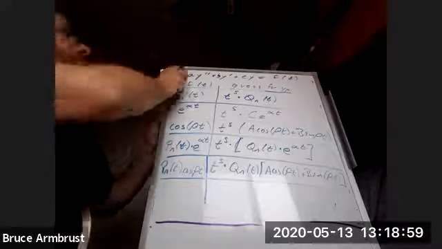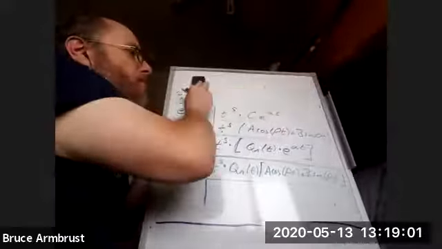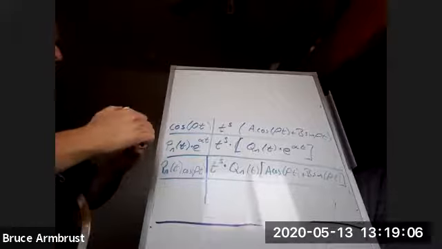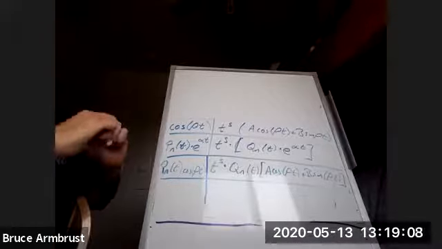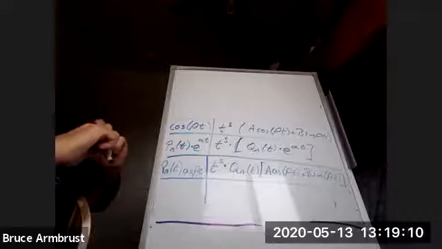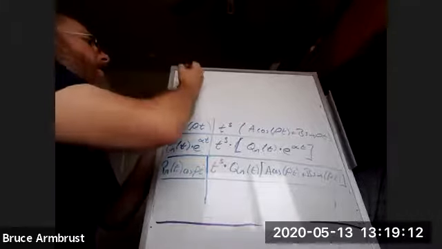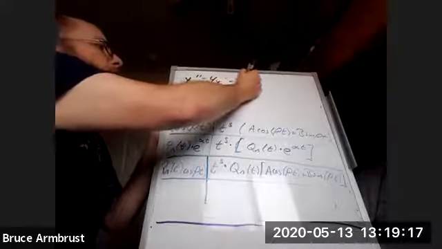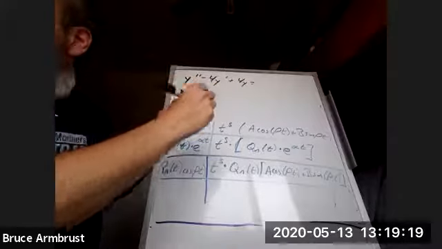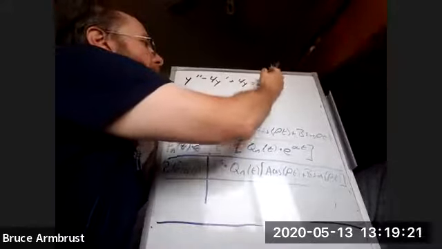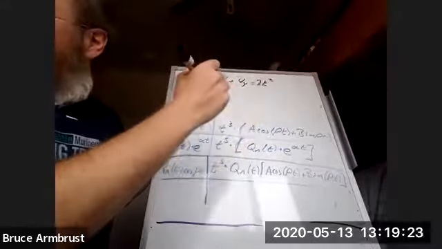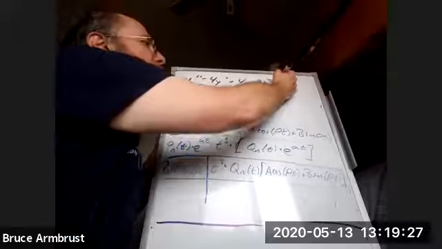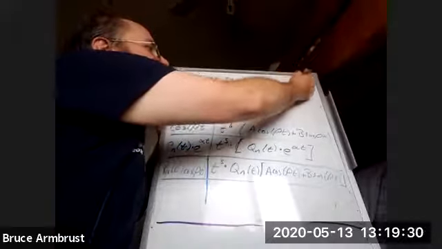So let's start with this one. All right, so let's say we've got y double prime minus 4y prime plus 4y, and that equals 2t squared plus 4t squared e to the t.